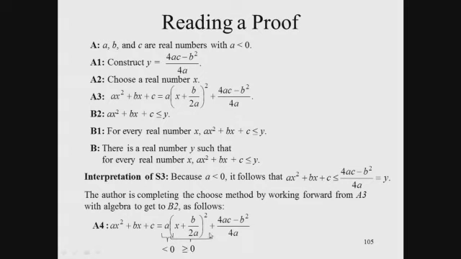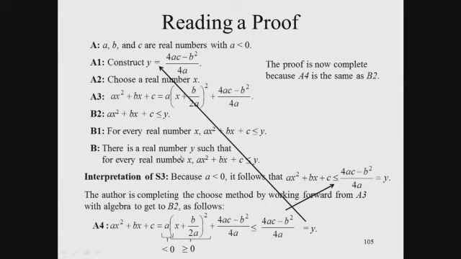And negative plus something is always less than that something. So indeed, ax squared plus bx plus c is less than or equal to 4ac minus b squared over 4a. And that's exactly what the author has written right here in S3. And finally, 4ac minus b squared over 4a is y. That comes from A1. The proof is now complete because A4 is precisely the same as B2, the last statement in the backward process.